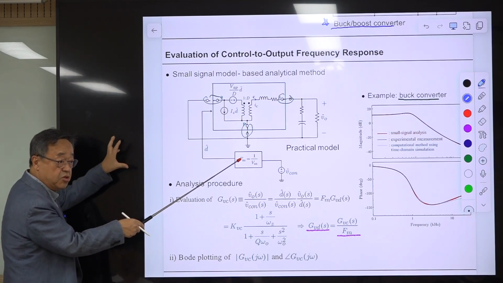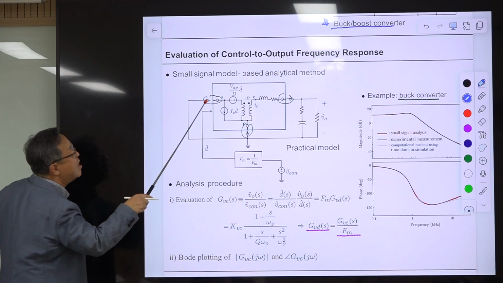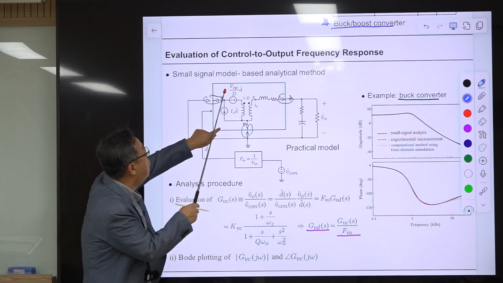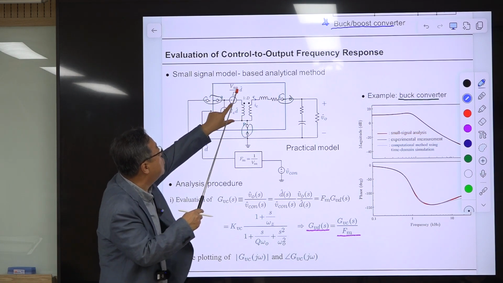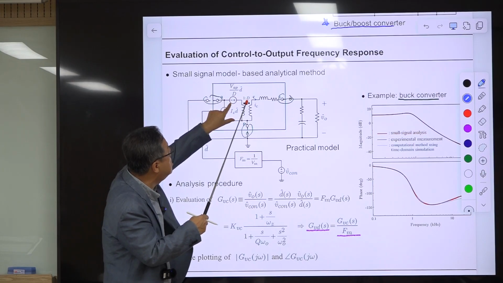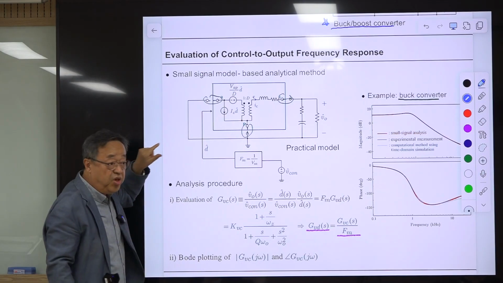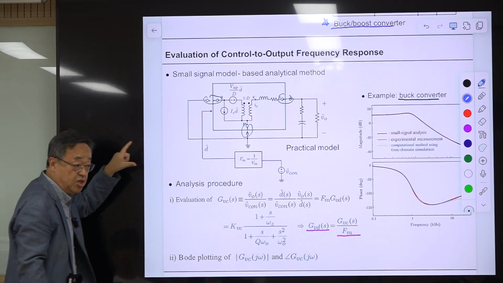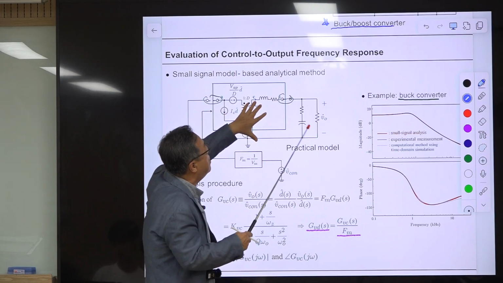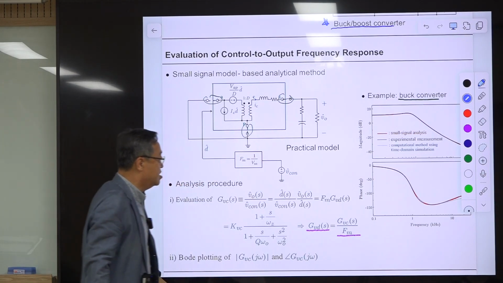Input is dead, so it's shorted. Then current will self-circulate, does not go in this direction, so it's nothing. Then this voltage is appearing here, and you have the duty ratio. You have this 1 over D, they cancel, and this VAP is VS, the input voltage in the case of a buck converter. Then that voltage is just divided by these two impedances, this one and this one. Extremely easy.